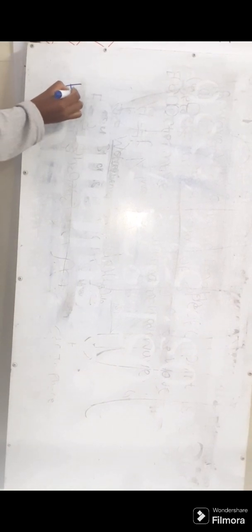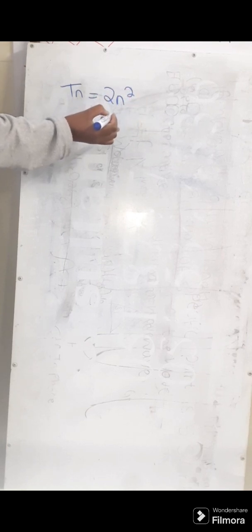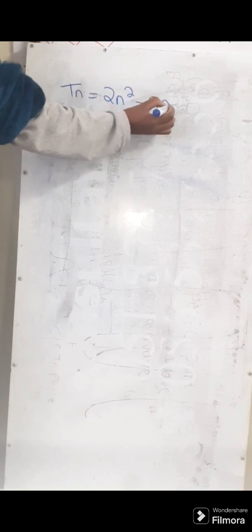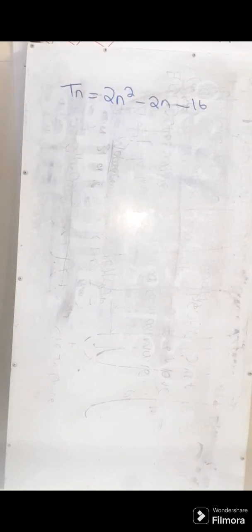1.2.3 says we have to prove that all the numbers in this sequence will be even numbers. So as you know, all even numbers are natural numbers. So we can say Tn equals 2n squared minus 2n minus 16. So here, nature of roots will be working.